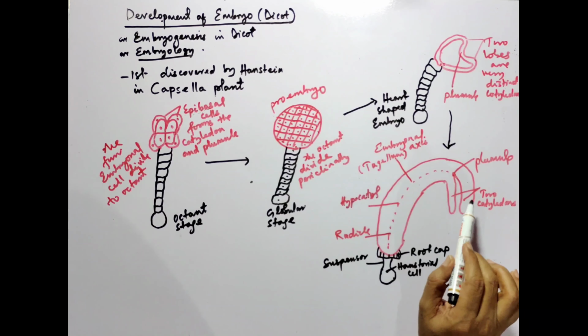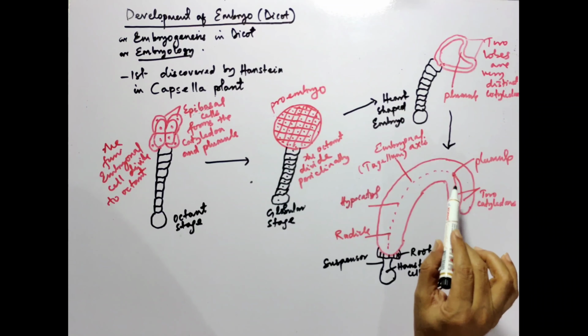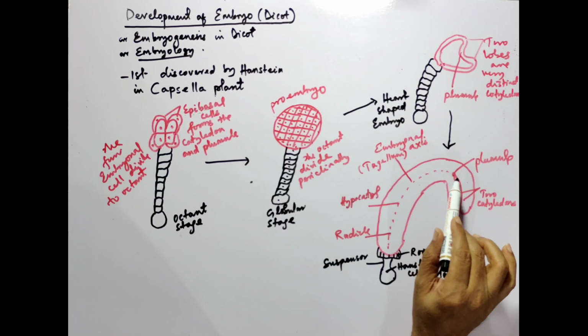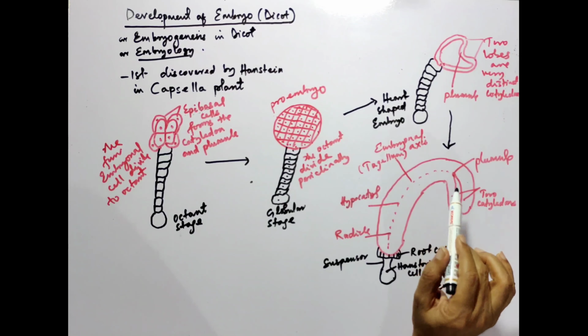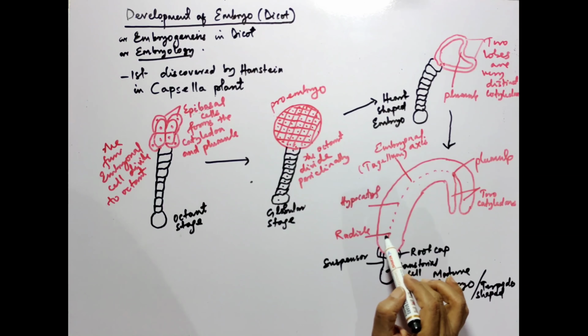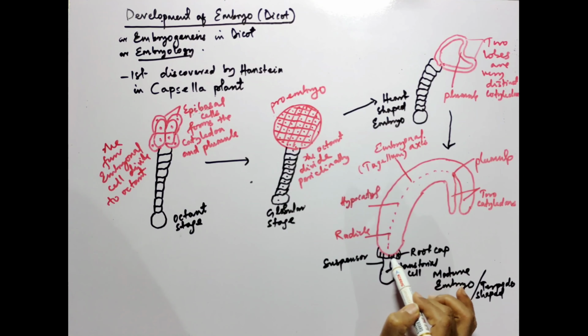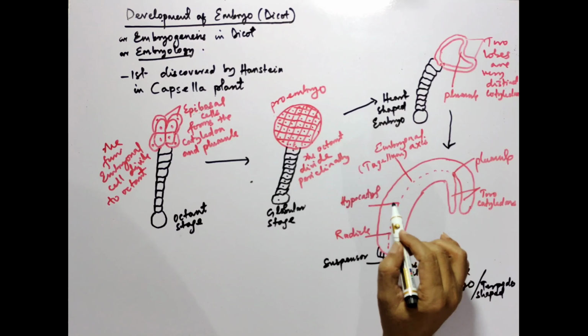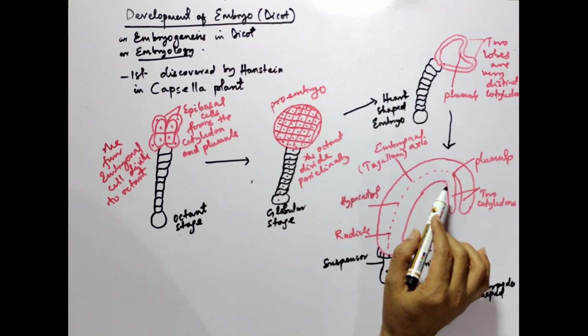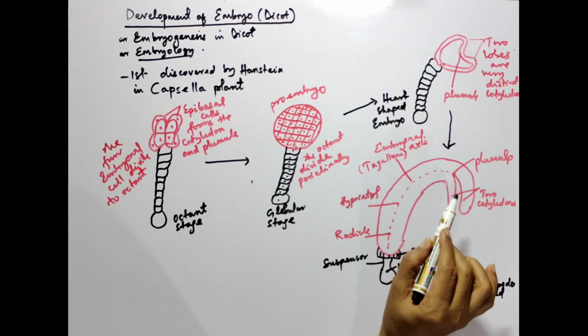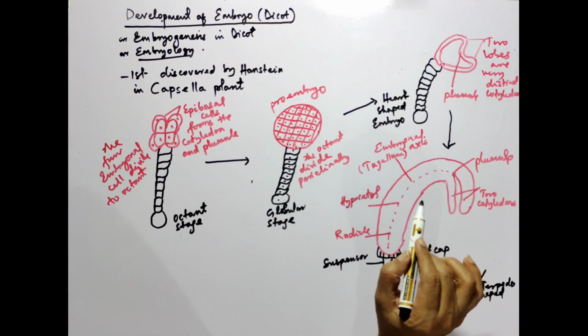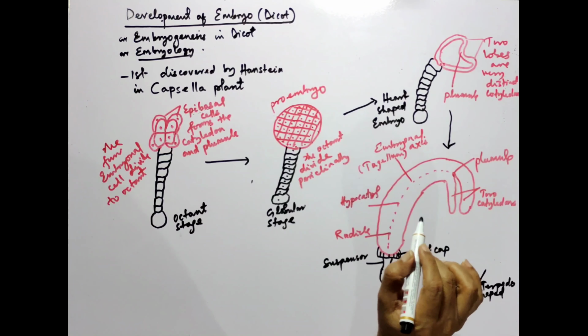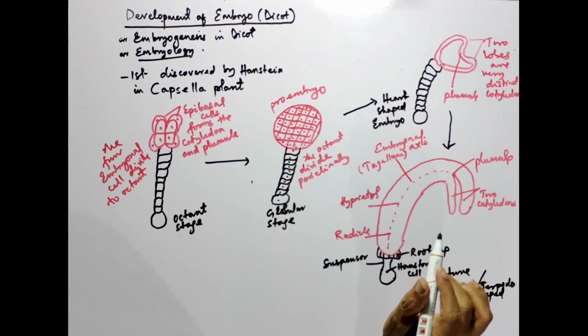Very important is the presence of two cotyledons, the plumule, which later on gives rise to the shoot system, and the radicle, which gives rise to the root system, where this acts as the root cap region, and this is the hypocotyl region. When germination occurs, below the cotyledon is hypocotyl, and above is called the epicotyl.